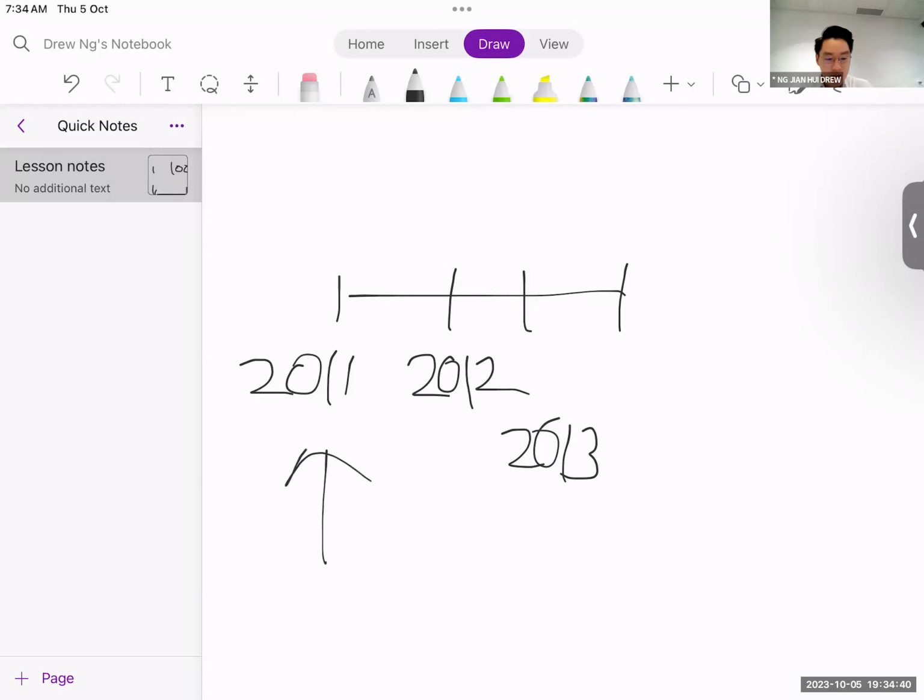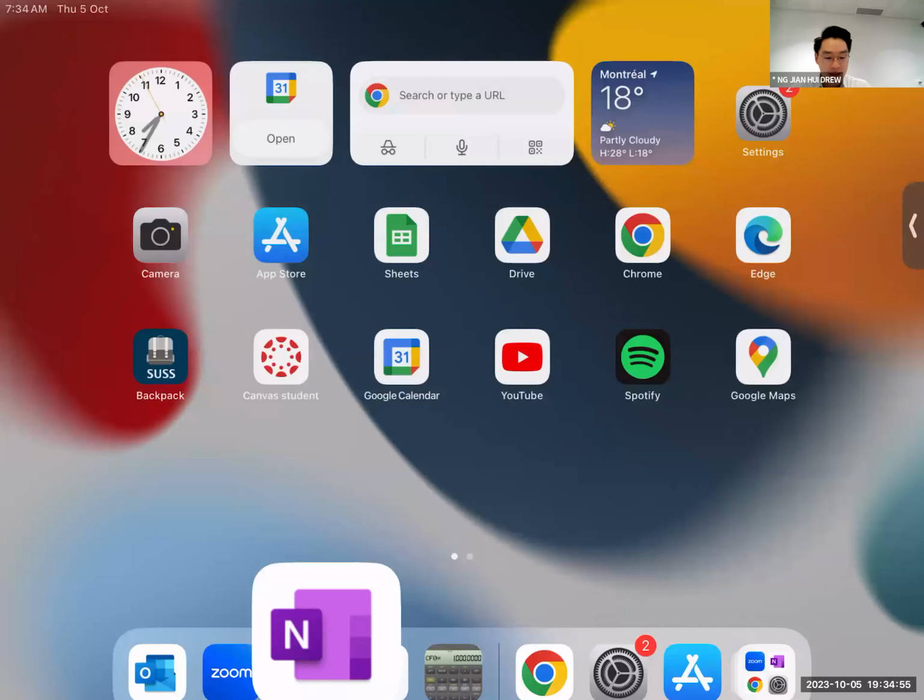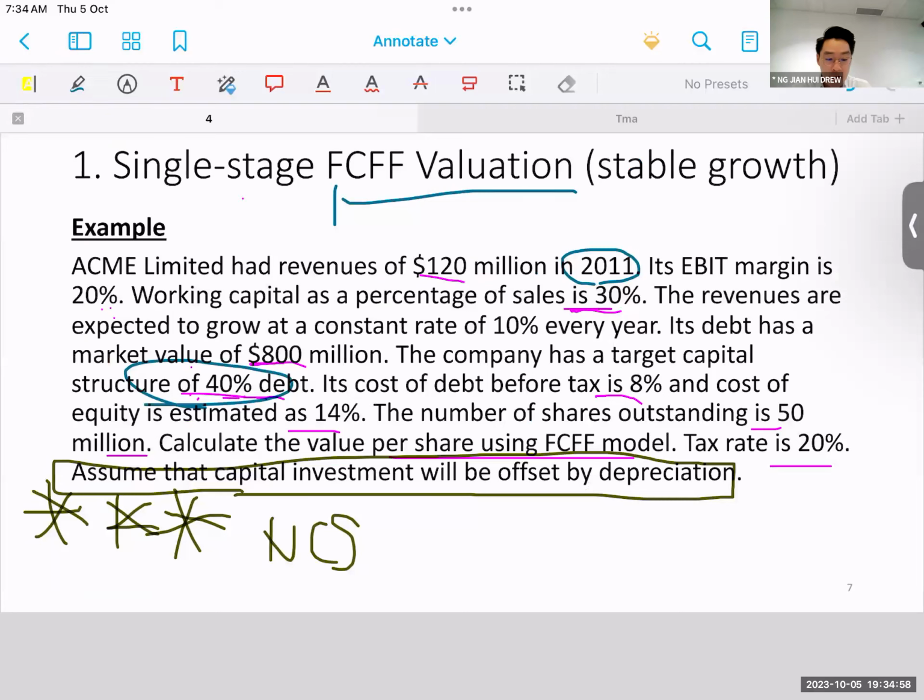We are here now. The thing is, we calculated the FCFF at 2012, right? How do we know we calculated the FCFF for 2012?